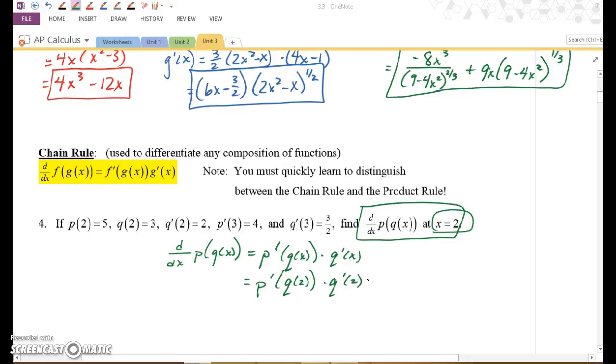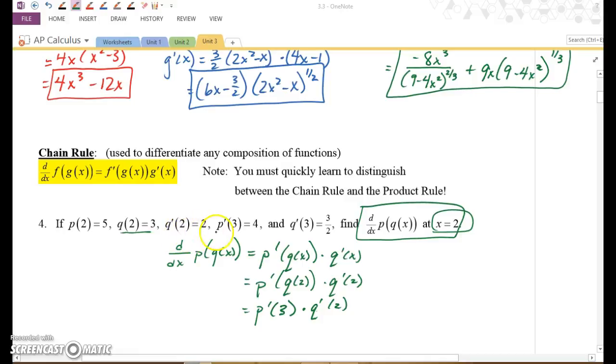If we use our values up above, we're going to start by plugging in the q of 2. If you look above, q of 2 right here is actually the value of 3. So this piece becomes 3. We'll just do that one step first. Now it has the derivative of p of 3.